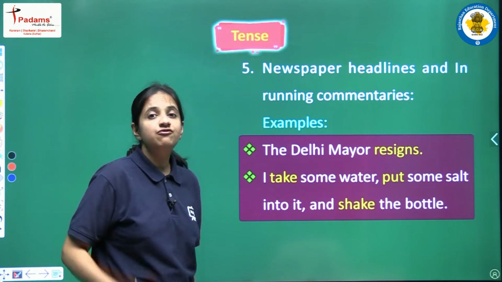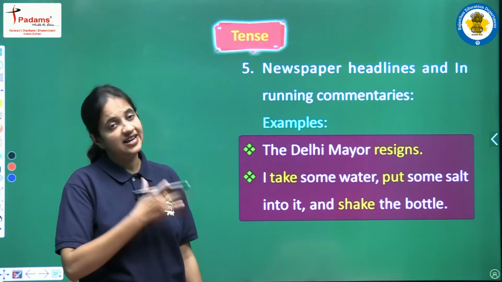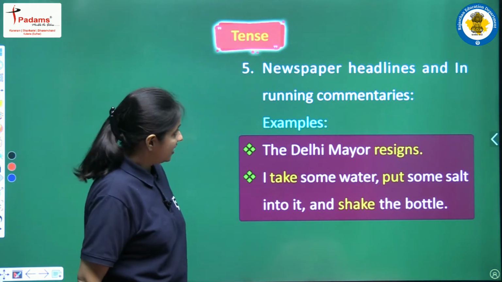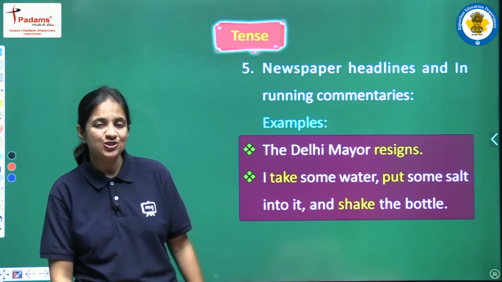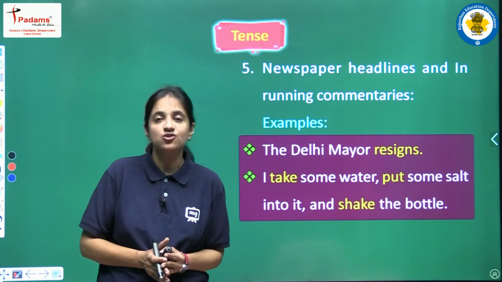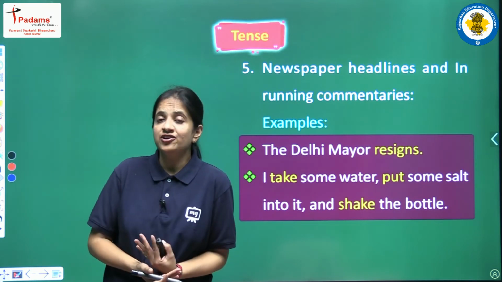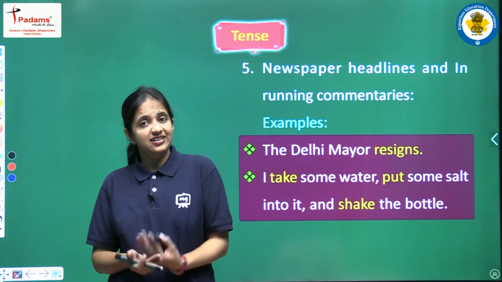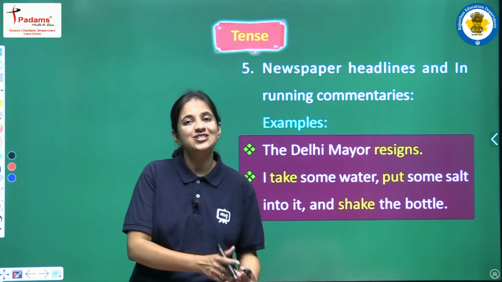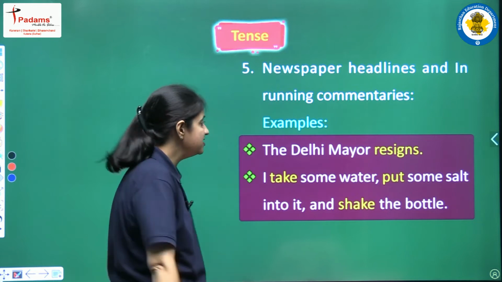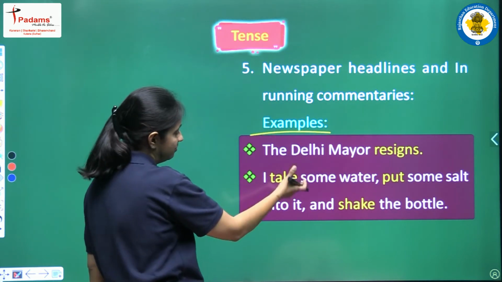Next we have the fifth use of the present simple tense. Let's read: newspaper headlines and running commentaries. This tense is used to show newspaper headlines, or the running commentary of any match, or anything that we say in the form of commentary. In all these sentences we always use the present simple tense. Let's have some examples to clear this.